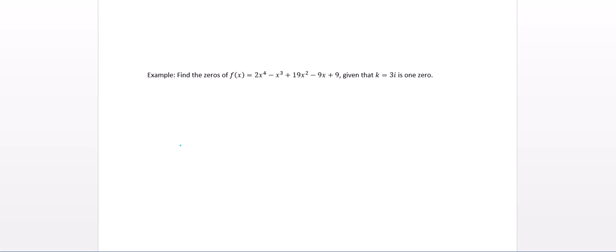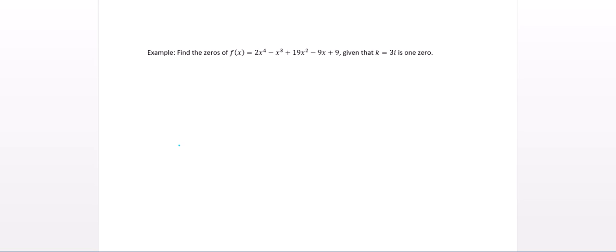All right, so let's find the zeros given one. If I know that k equals 3i is a zero, then I know also that k equals negative 3i is a zero. And I could do synthetic division using the 3i's, but instead I'm going to revert to long division of polynomials. Check this out.